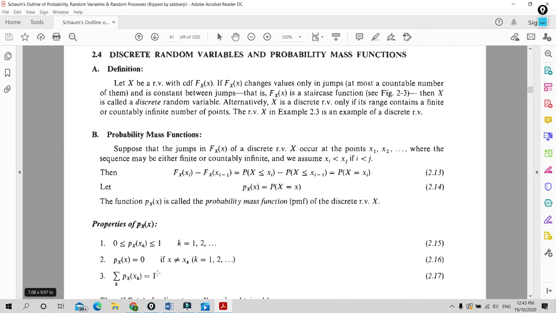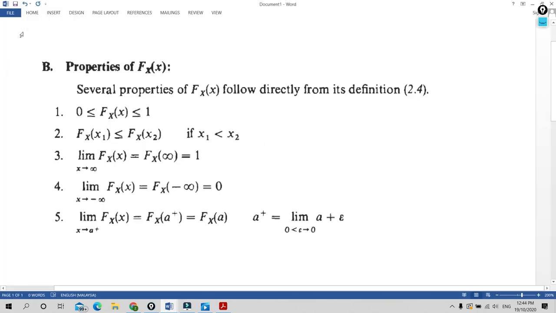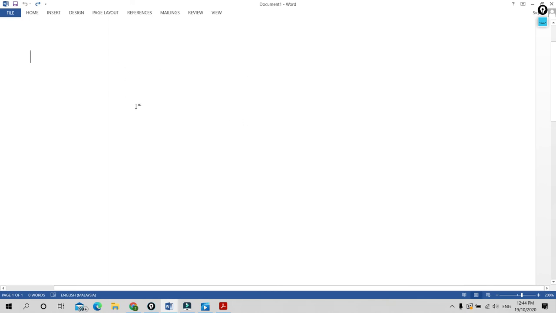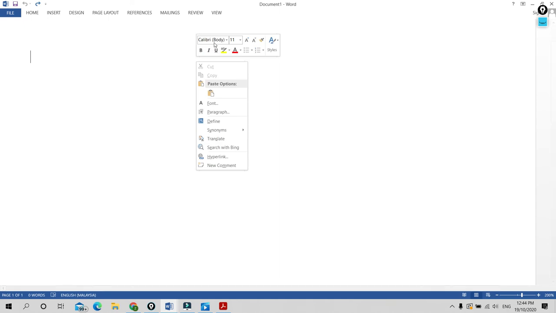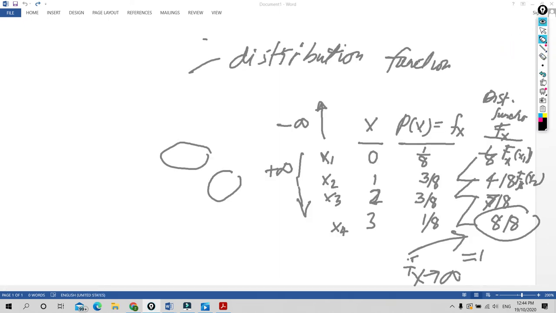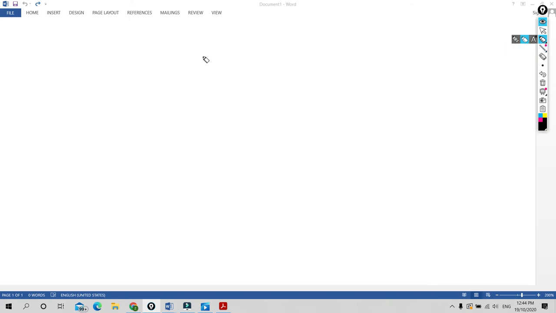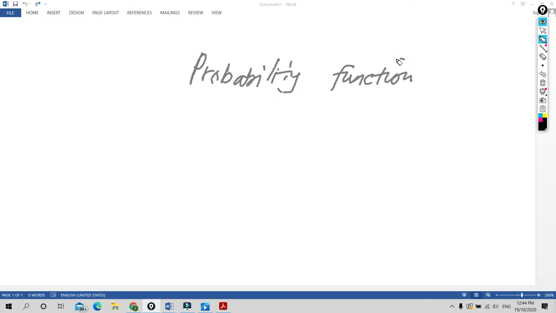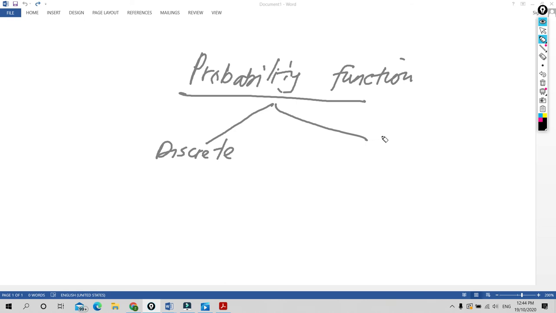The probability function can be divided into two: the discrete probability function, and the other one, the continuous probability function.